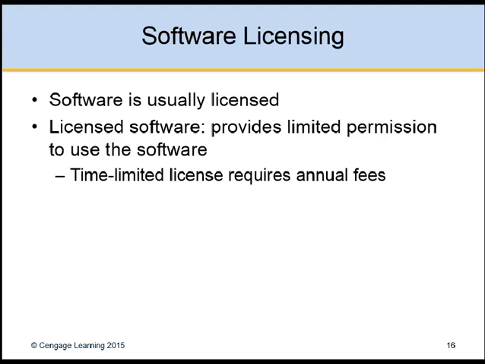Software is usually licensed. Licensed software products provide limited permission to use the software. It's usually a time-limited license and requires annual fees. Software pricing or licensing models include the permissive model, where anyone can use and sell modified versions of the software.